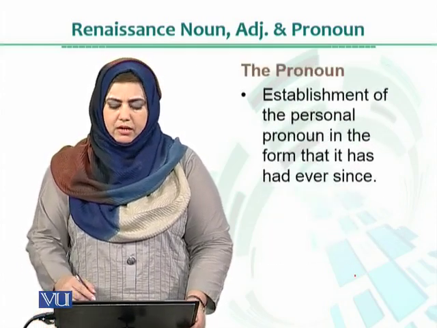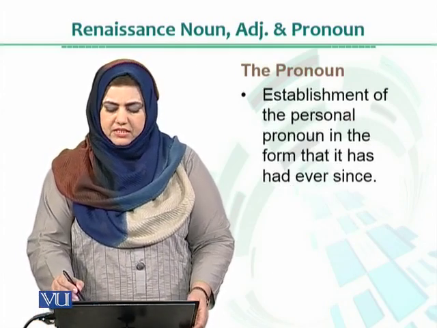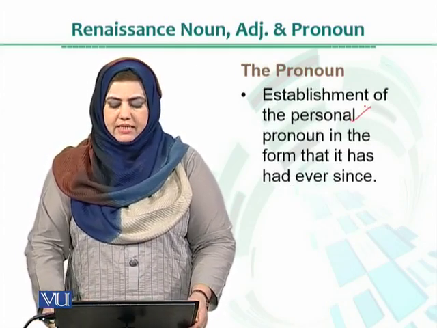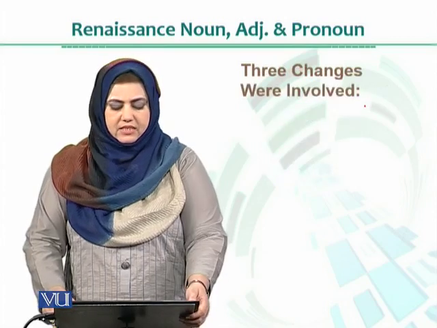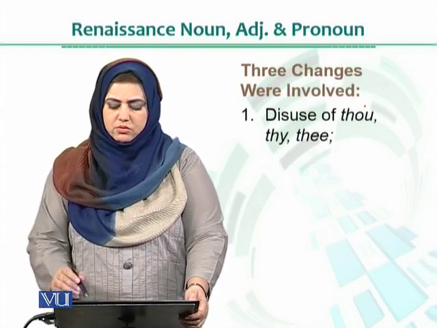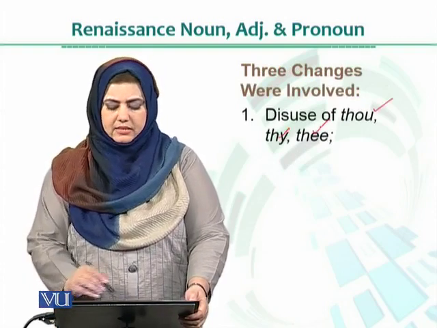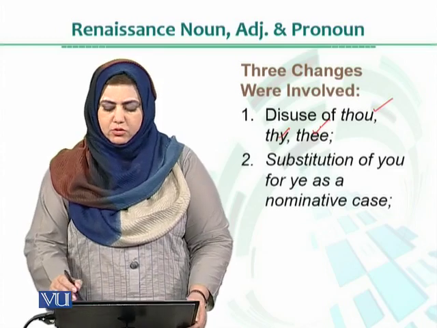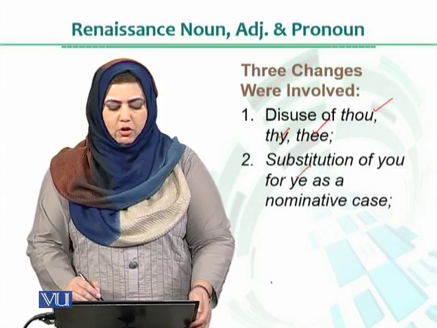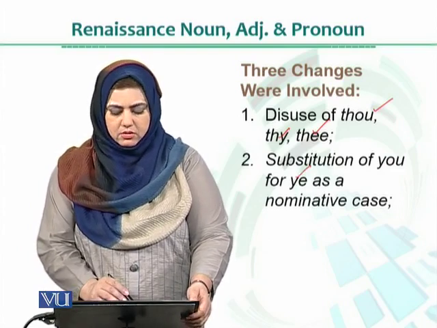When we come to the pronoun, the establishment of the personal pronoun in the form that it has today has its roots there. Three changes were involved. Disuse of thou, thy, and thee was the first change. Substitution of you for ye as a nominative case was the second.